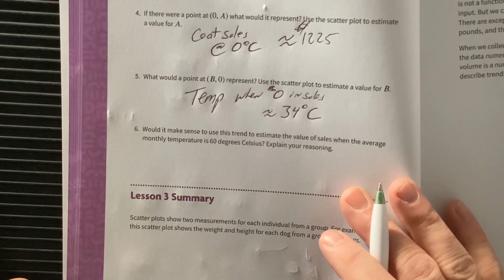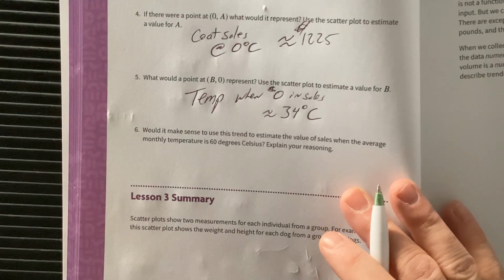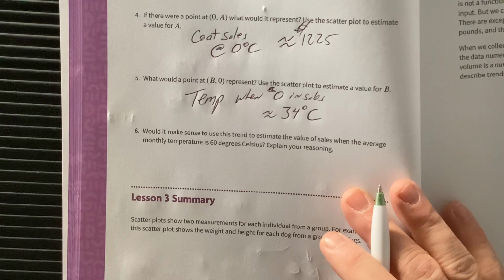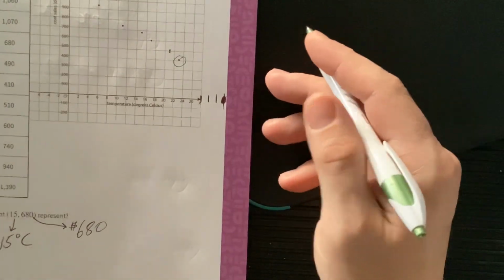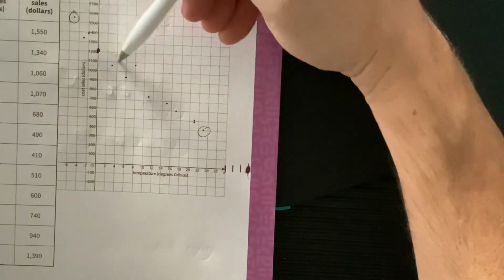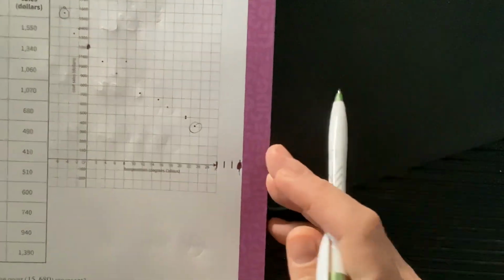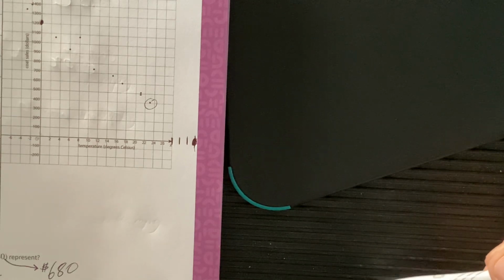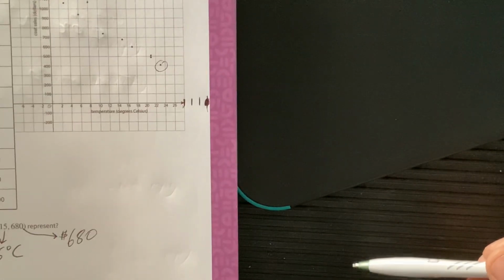Okay, can we use this trend to estimate 60 degrees Celsius? Well, look at the trend. All right, an approximate line going here. 60 degrees Celsius is going to be like way over here, so it's going to be a negative amount of coat sales.